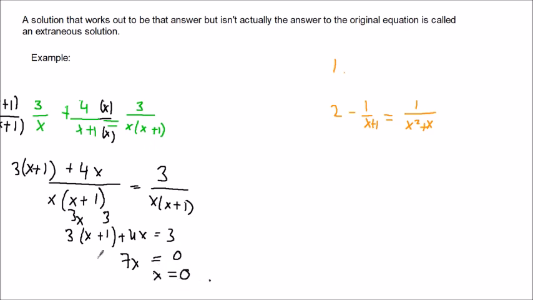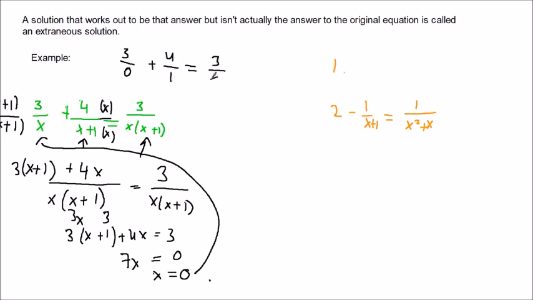x is equal to 0, but if you put this 0 back into the equation, you could see that there are so many things wrong with putting 0 into this equation. For one, you'll get 3 over 0 plus 4 over 1 equals 3 over 0, which doesn't make sense at all.